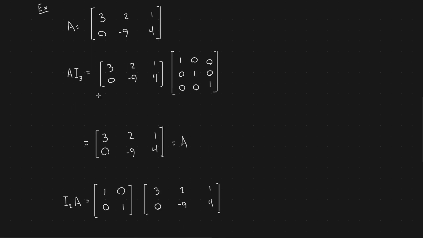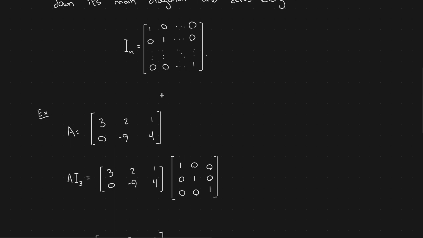We saw that if I take a matrix A, a 2 by 3 matrix, and I multiply it by the 3 by 3 identity matrix, I get one result. But if I swap it around, so now I'm left multiplying matrix A by the 3 by 3 identity matrix I3, this is not defined.